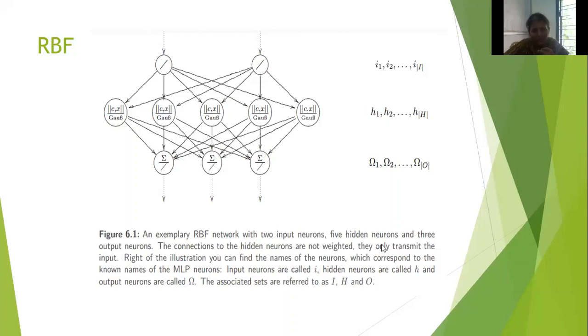It is complex. The structure of this radial basis function is a bit complex. Also simple because it will not consider any weights in the information processing from input layer to hidden layer. So the computation becomes simple.